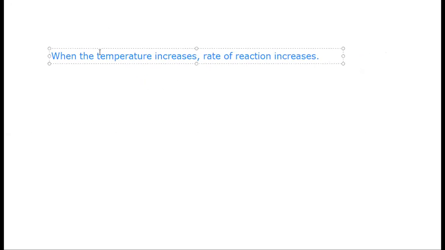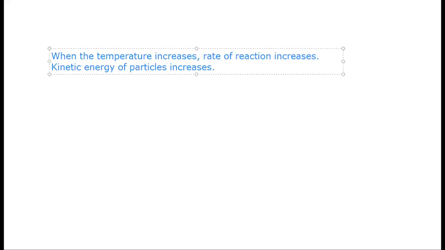Okay. Now, why when temperature increases, the rate of reaction increases? Now, let's say when you are cooking something, let's say you are frying the beans in the pan, you'll find that the beans are popping out very fast when the temperature increases, and it actually relates to the kinetic energy. Okay, therefore, when the temperature increases, actually the kinetic energy of particles increases.